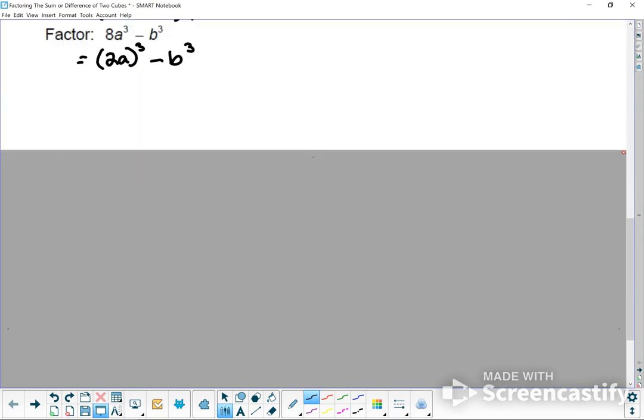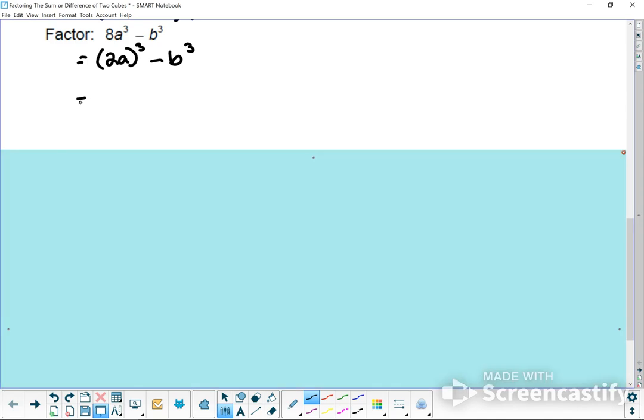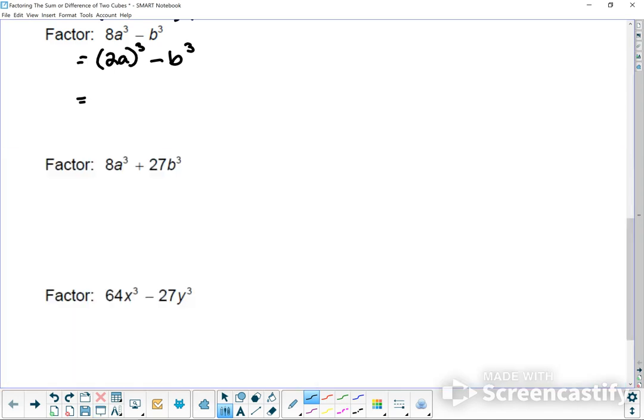Okay, so we're going to have, since we got quantity, you got the cubes ready, then we're going to use the SOAP. So SOAP mnemonic is going to be same, opposite, always positive. Right?